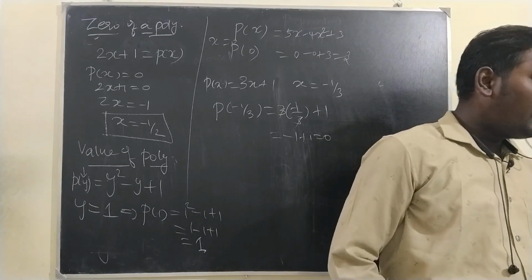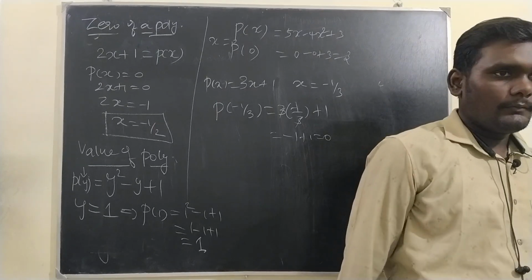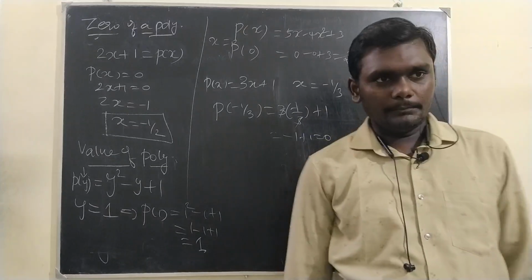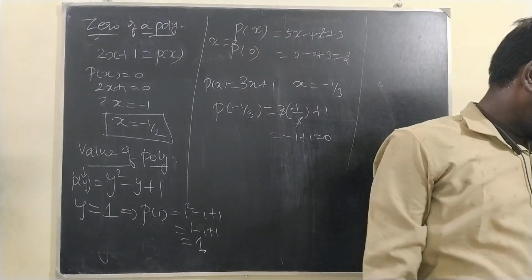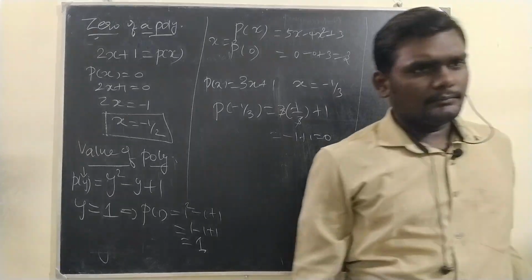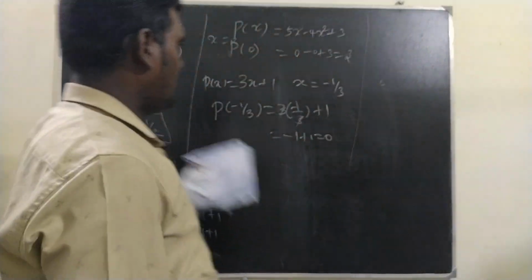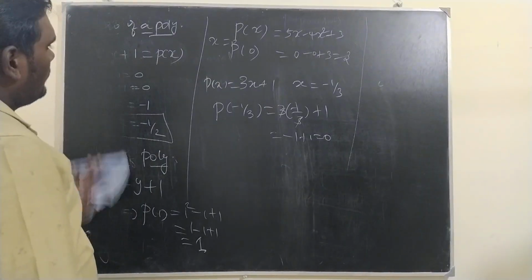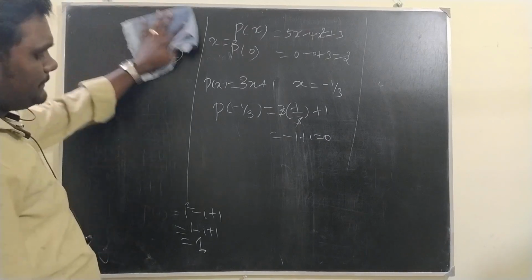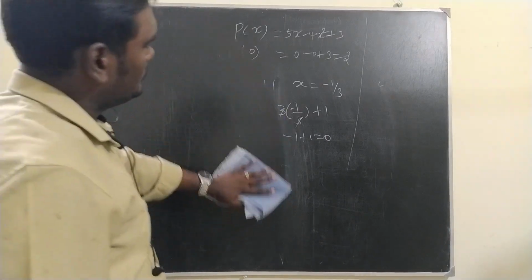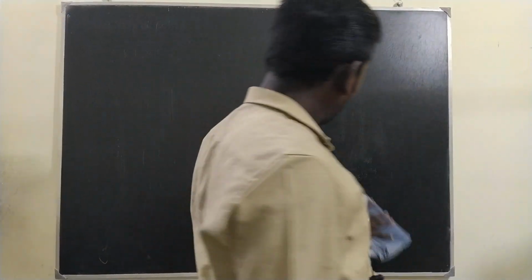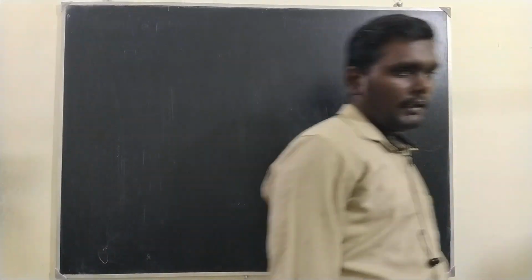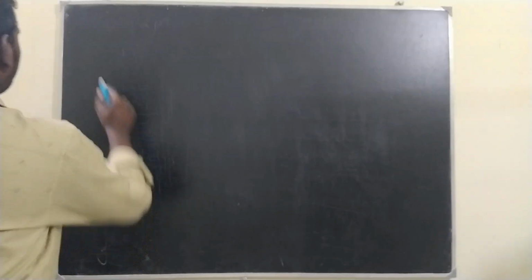Next thing is very, very, very important. See, factorization of a polynomial. Factorization meaning what? Factors of a number, you know. See, for example, the number 35.